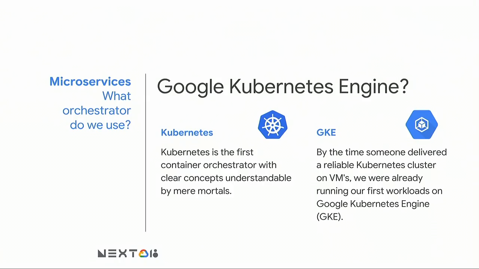And we started more than a year ago with re-platforming. And why did we pick Kubernetes? Well, because Kubernetes came along and Docker came along, containerization was really a technical thing, and Kubernetes was the first orchestrator that actually brought some concepts that a human could understand.